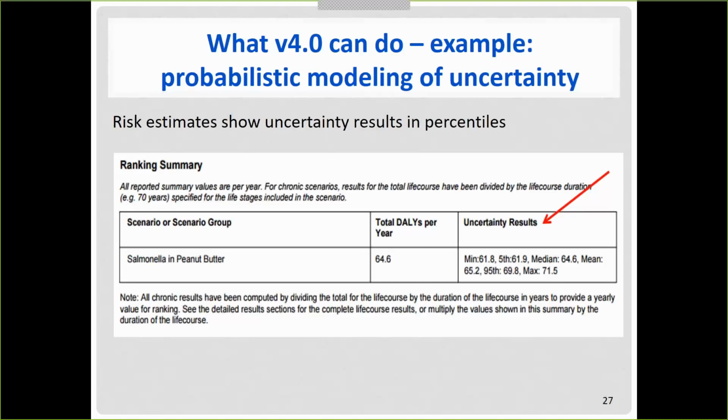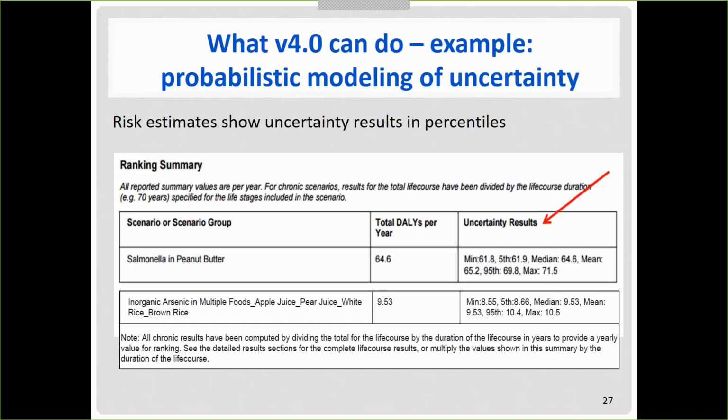So the minimum, the maximum, median, mean value, and the interval between the 5th and the 95th percentile. Similarly, results with uncertainty are reported for a multi-food risk scenario, such as the scenario for inorganic arsenic in apple juice, pear juice, white rice, and brown rice.